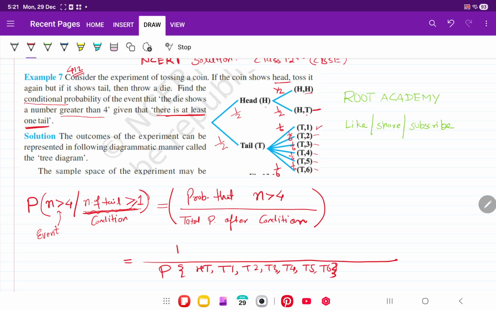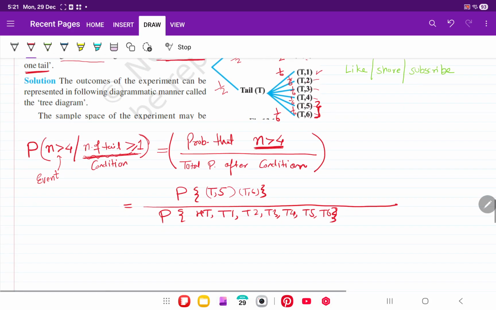And then on top you have to take the probability that the number is more than 4 out of all possible outputs. So the accepted outputs are only these two, when the number is 5 or 6. So the acceptable outputs are T comma 5 or T comma 6, correct? We need to go for it.